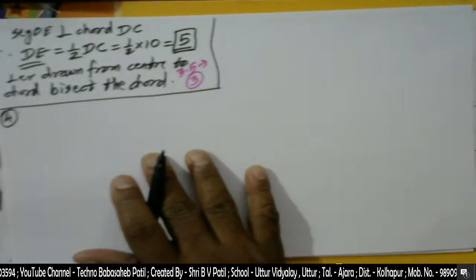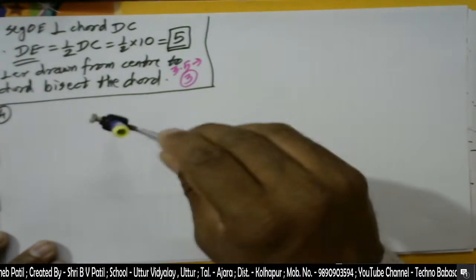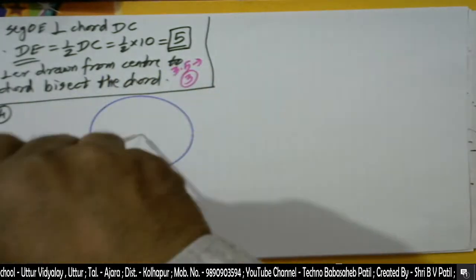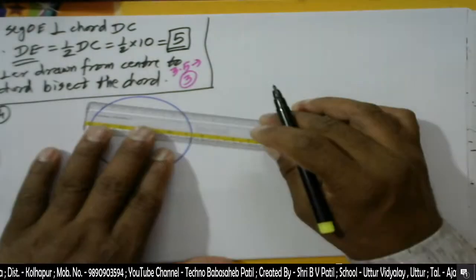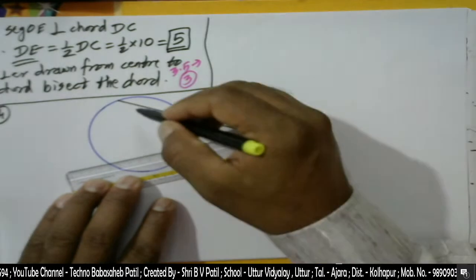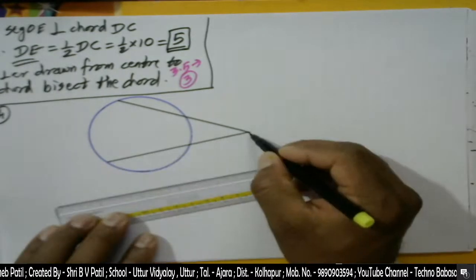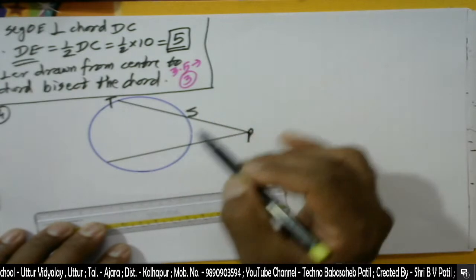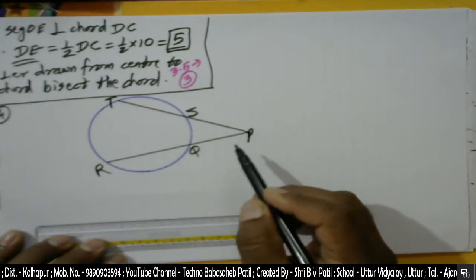The next example: the first chord is extended and the second chord is also extended, and they intersect outside the circle in point P. The first chord is PS, the second chord is RQ. They intersect outside the circle in point P.